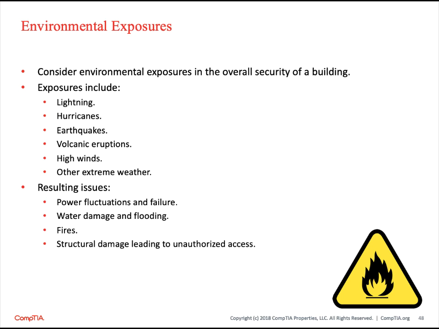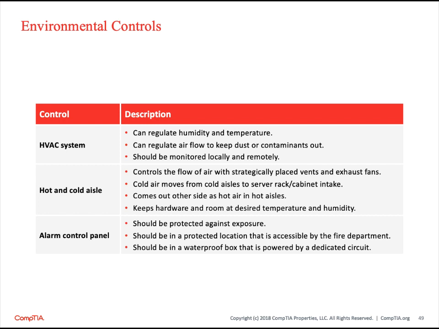But moving forward, we have several different environmental controls that we can control, right? You might not be able to control the weather, but we can control these. And first up is HVAC. So the HVAC system controls the environment inside of a building, right? It regulates humidity and temperature controls.